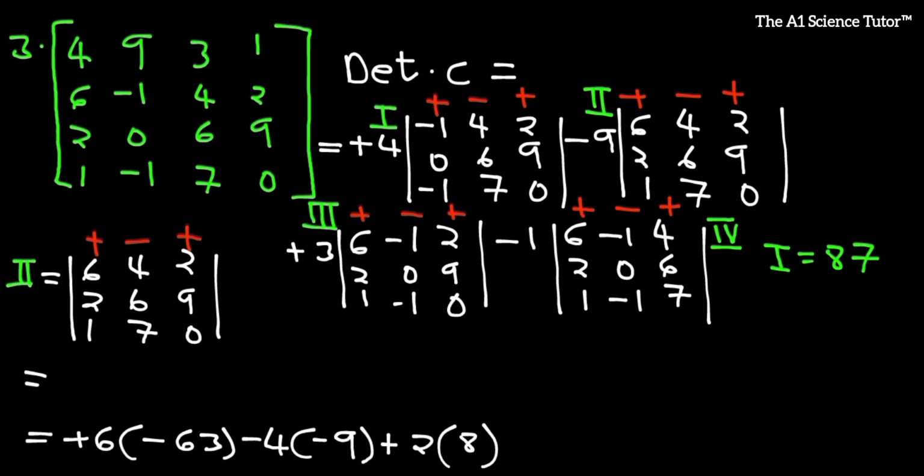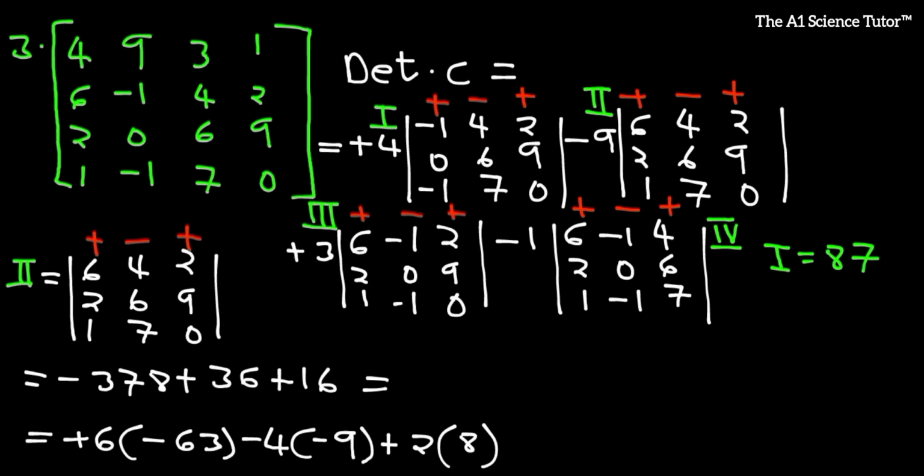So this is going to be 6 multiplied by -63. So that is 378. So that will be negative 378. And this is negative 4 multiplied by negative 9. That should give us plus 36. Now here we have 2 multiplied by 8, which is actually 16.